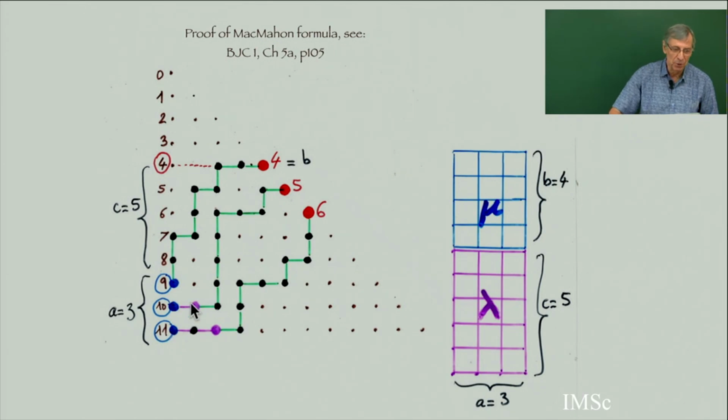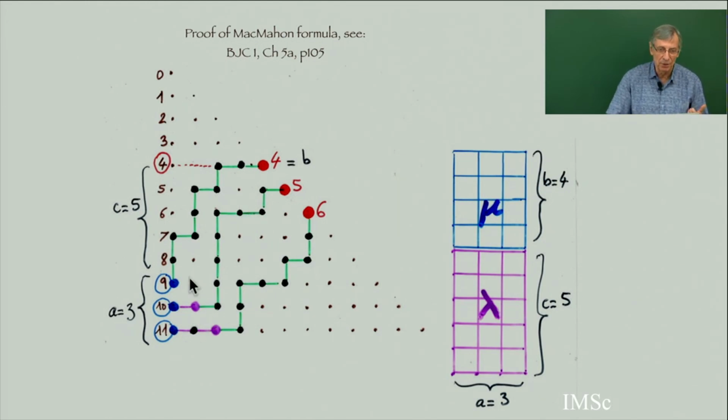Now you have to compute this binomial determinant to get the MacMahon formula I have shown last time. I am not going to give it again, but there was a complete proof of the MacMahon formula using this bijection and using some standard lemmas on how to compute a binomial determinant. There were two lemmas.